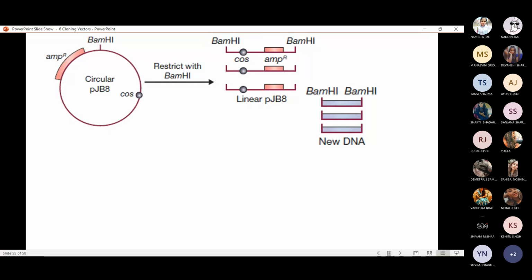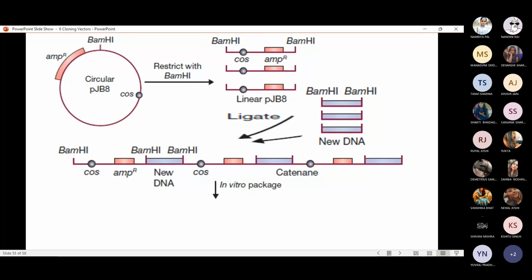And this is how you develop it. What different components are you going to have? As we mentioned, here you are going to have only the cos site. This cos site is going to help you in getting a catenated way of replication, the rolling circle model of replication that we need. When the rolling circle is there, you can produce a large copy of the same segment.